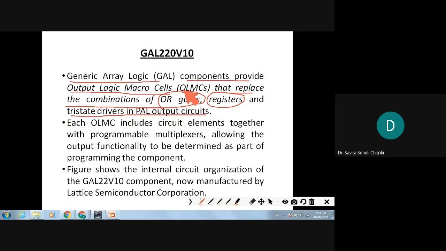So this is very important. So inside OLMCs, what all will be there? An OR gate will be there, and a register will be there, right? And tri-state drivers will be there. All this will be put up in a box, and this we are calling OLMC, output logic macro cell, right?